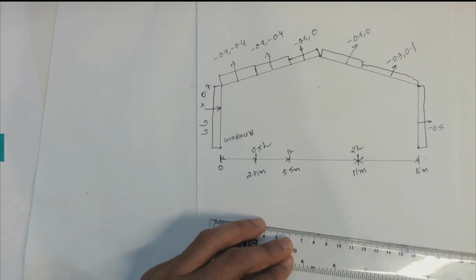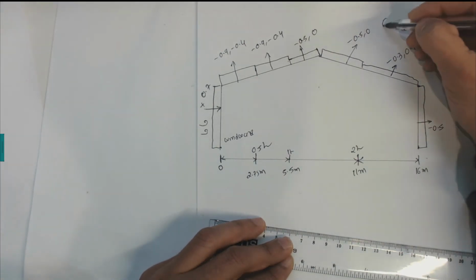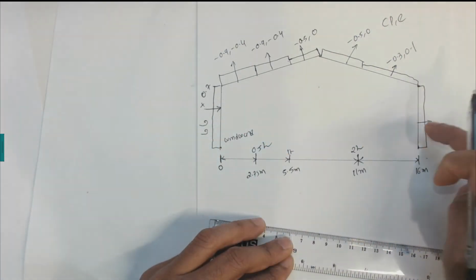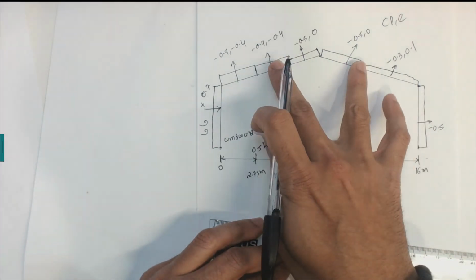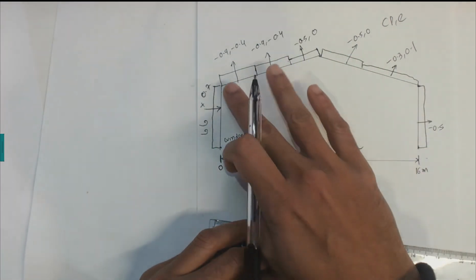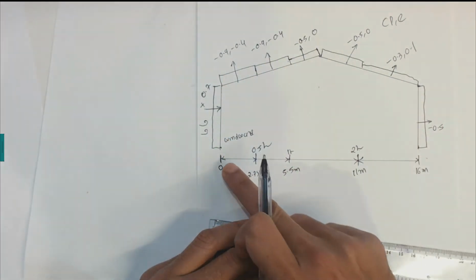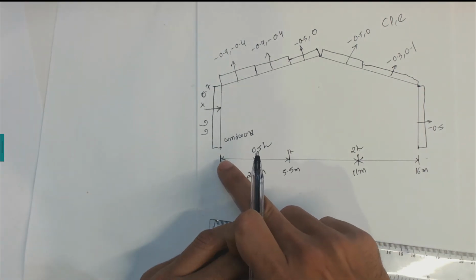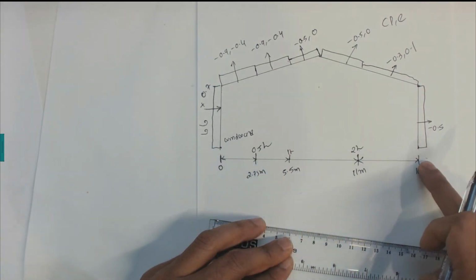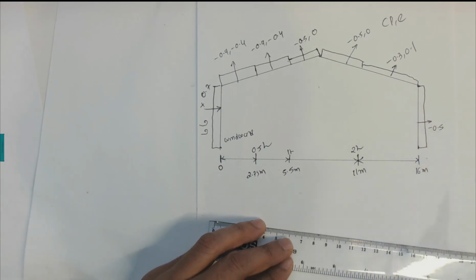So this diagram shows the CPE values for the windward wall, the leeward wall, and the roof. Please note the roof CPE value varies as the distance varies from the windward wall towards the leeward wall. Thank you very much.